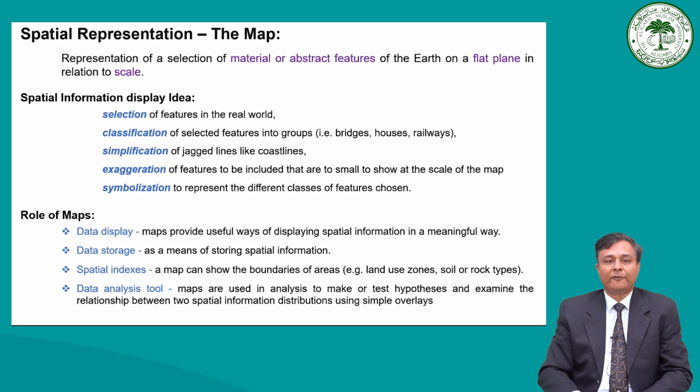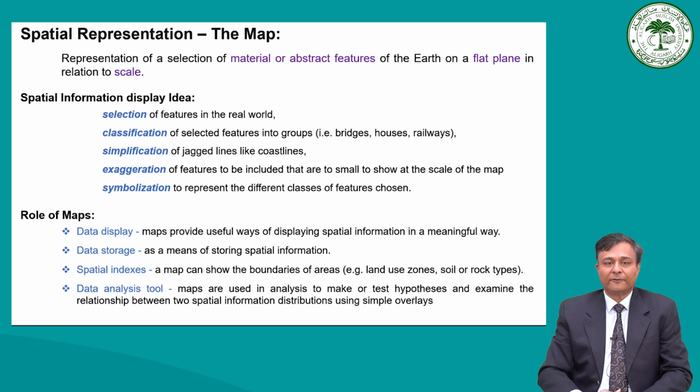So spatial information is the display idea of a selection of features in the real world. So here we would be highlighting some features in any map. Then another can be, we may classify the selected features in groups. For example, some specific type of houses in any area, some specific mode of transportation in any area.